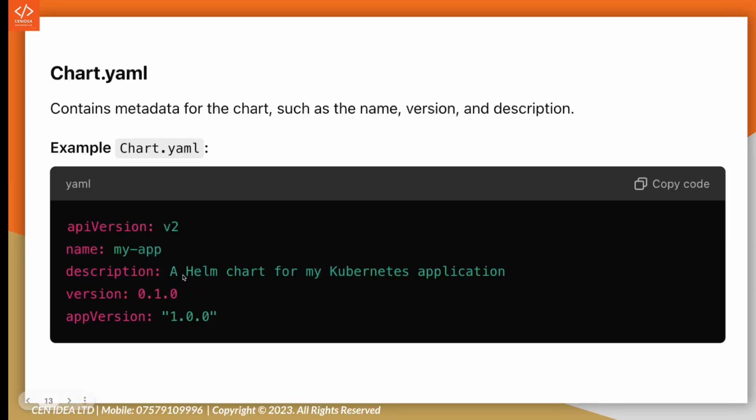You can go more than one line and provide more things here, but obviously keep it simple for now. And then the version of the chart, and the version of the application itself that you're deploying. So essentially again, this chart.yaml contains metadata for the chart such as name, versions, and description.